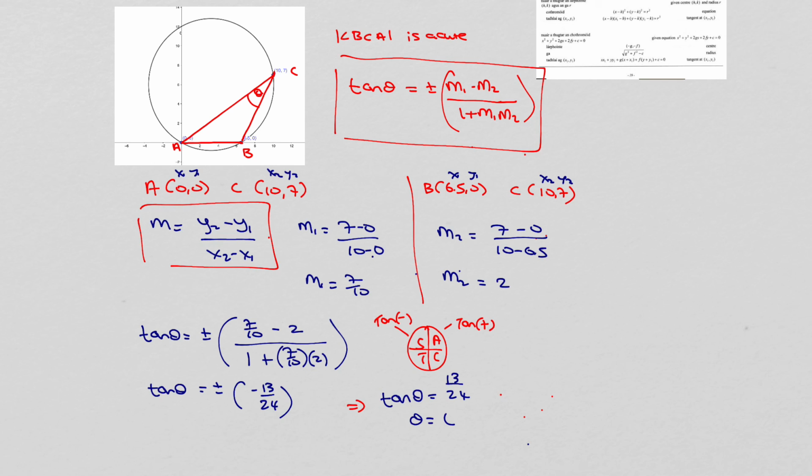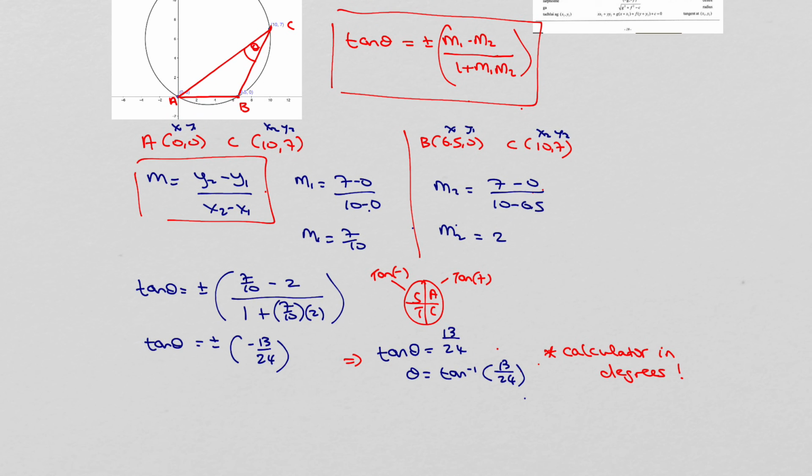And if I get tan inverse on my calculator, making sure, as I said, in degrees, and correct to 2 decimal places, that gives us 28.44. And again, make sure you put in your degree symbol, include your units.